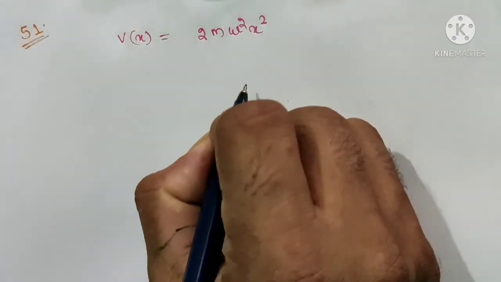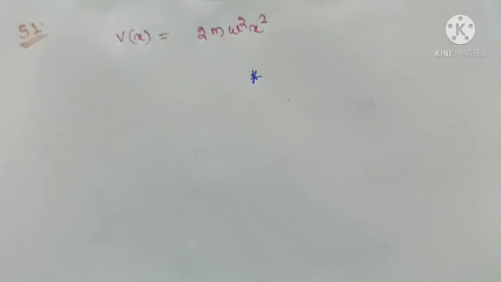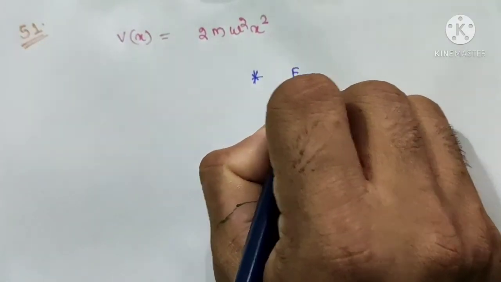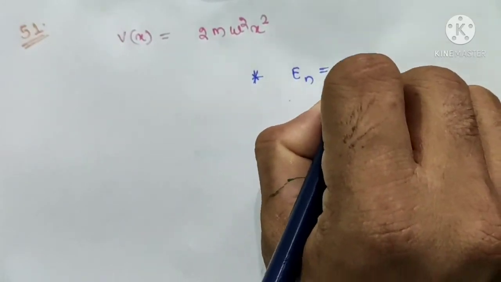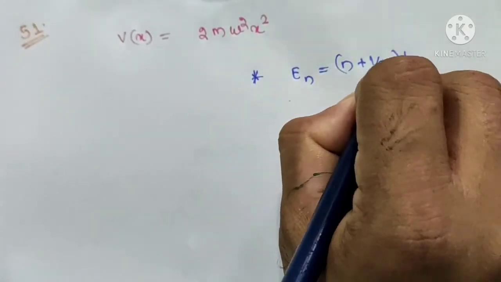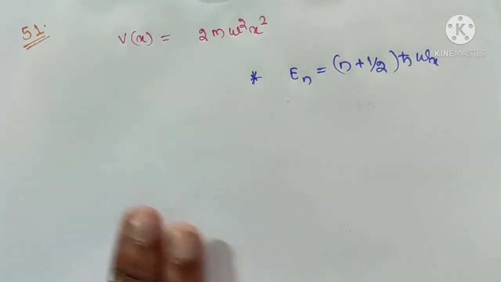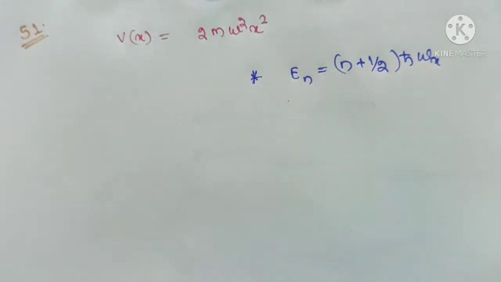We know the energy of a state in a one-dimensional potential is given as n plus half h cut omega x. So from the given potential we have to find the value of omega x first. So let us find it.